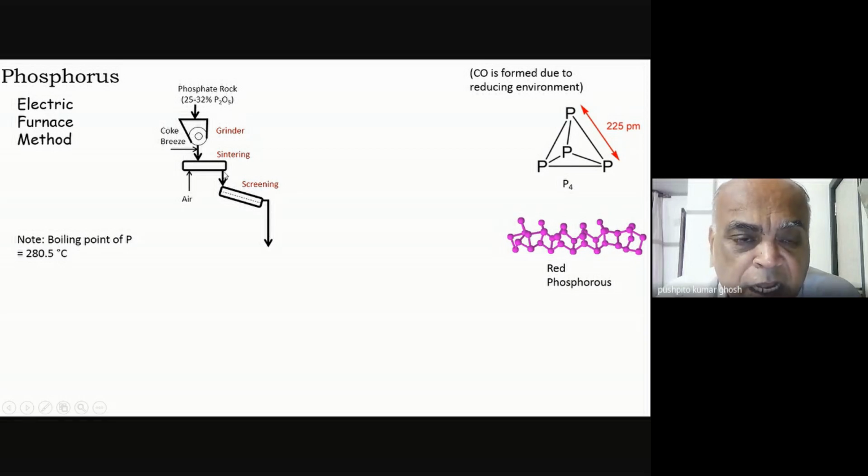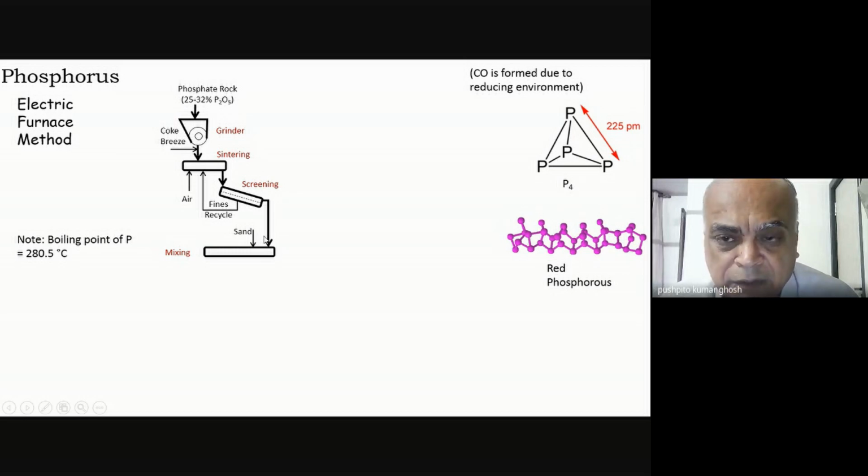Then there'll still be some fines. So you do a screening, and the fines you just recycle, put back over here, and again it will get sintered. And then this stuff is put into a mixer where you put your sand, that silica.